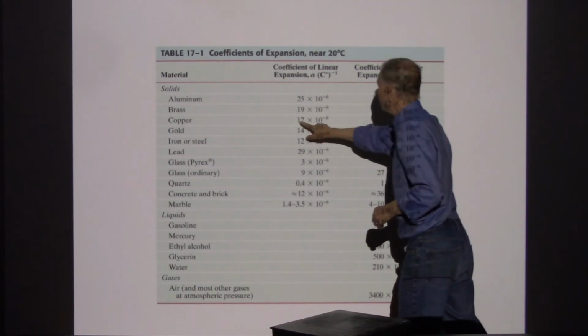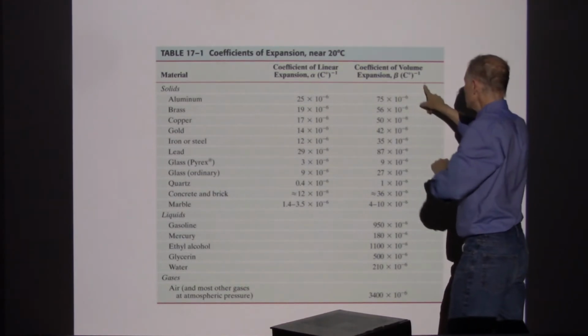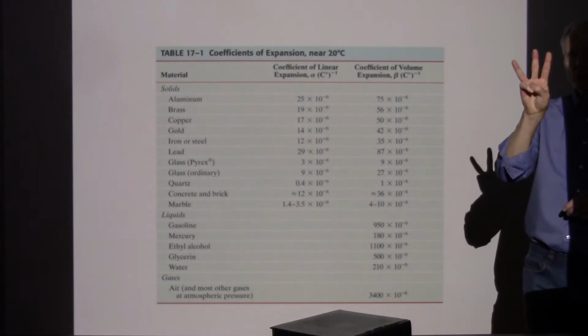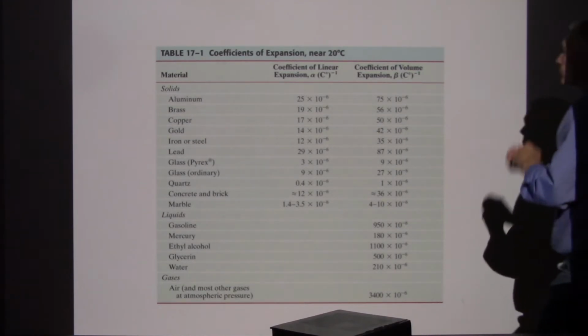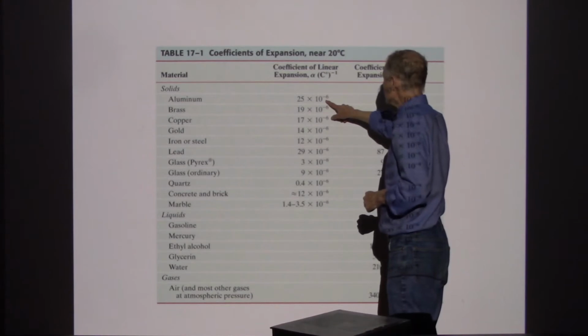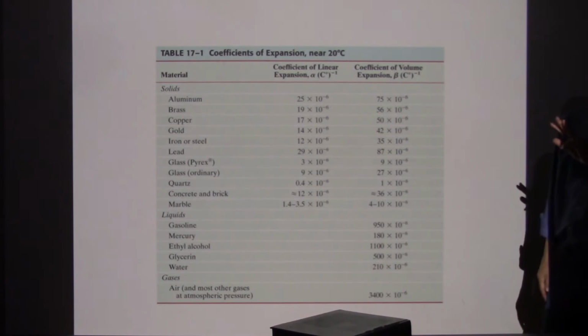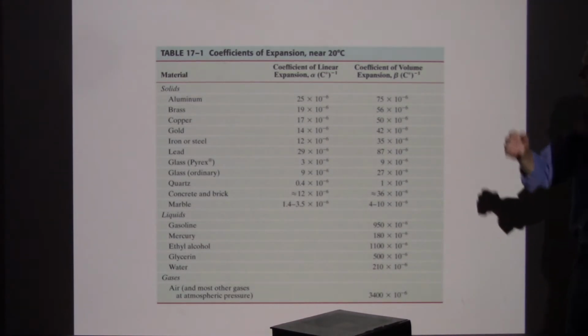You can see all through here, that's just 3 times the number in the alpha column, the number in the beta column, showing how much the volume goes up. It goes up in 3 dimensions, and because that amount is so small, that roughly approximates to just multiplying by a factor of 3. If the length increase is 1%, the volume increase will be 3%.